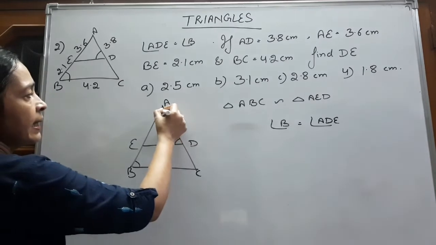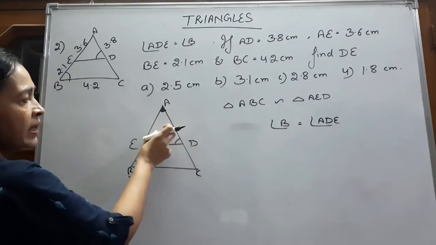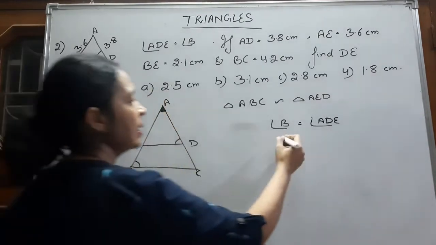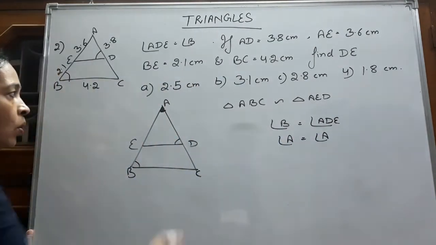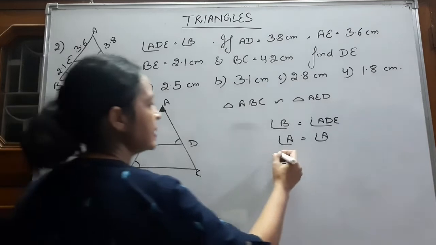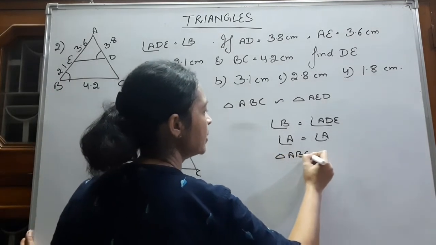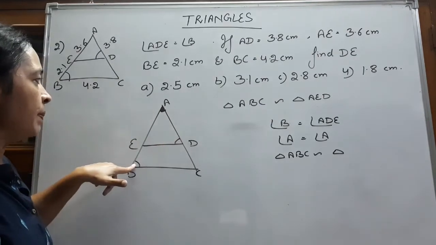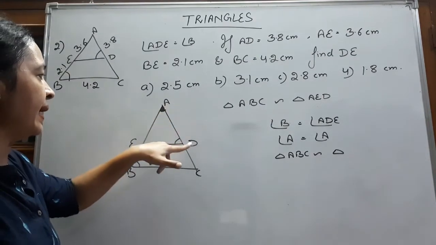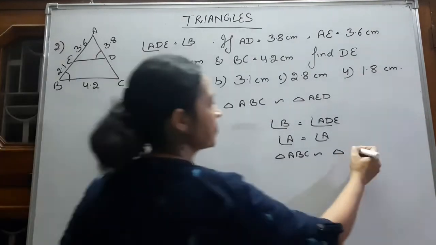ADE. This angle A is common in this triangle and the whole triangle. Angle A equals angle A. Now, triangle ABC will be similar to triangle... this angle B is similar to angle B. So, we will write triangle ADE.